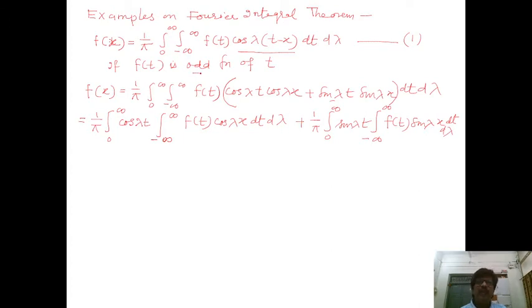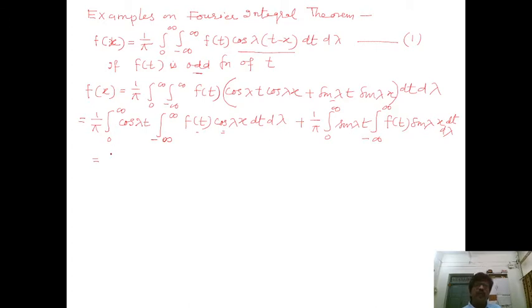Now we have considered f of t is an odd function. Now this is an odd function, this is an even function. If this is an odd function, integral minus infinity to infinity f of t would be 0. Moreover, this is also an odd function, sin of lambda t, and f of t is an odd function, so odd into odd would be an even function.